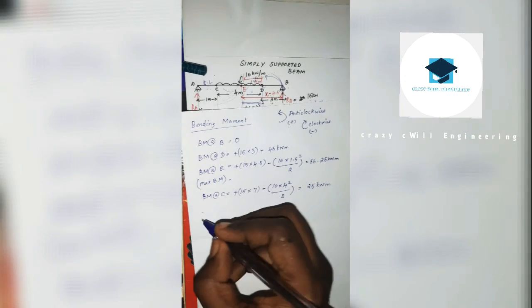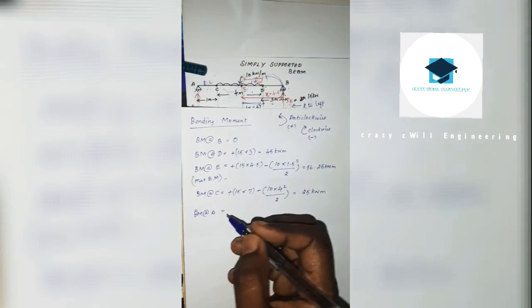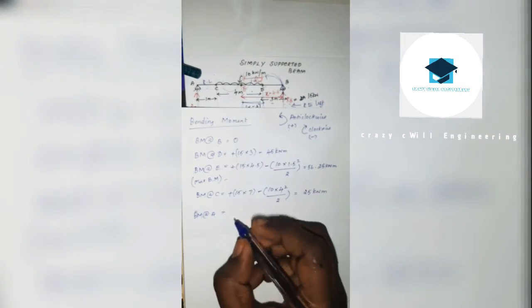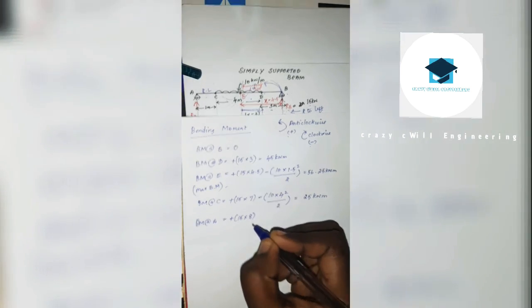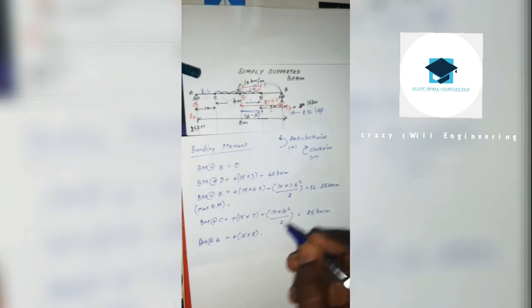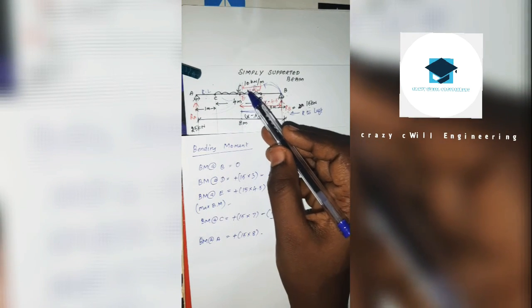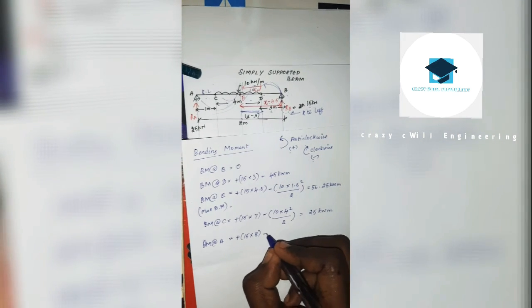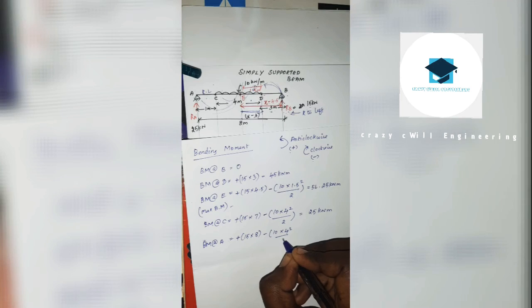Next I am going to calculate bending moment at A equal to RB is acting anti-clockwise towards A, so put positive. 15 into distance is 8 meter. Next, this UDL is acting towards A by clockwise direction, put minus 10 into 4 square by 2.